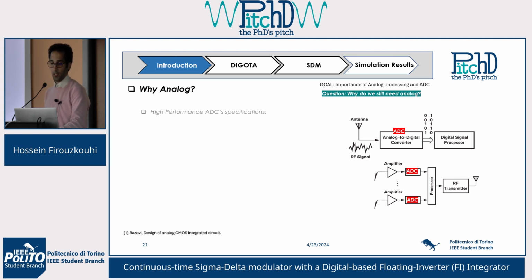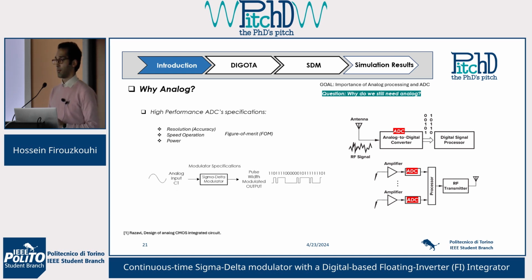For example, in the power amplifier in the transmitter, and also the digital signal processors, the analog signals need to be converted into digital. In this case, the demand for high performance ADCs increases, and here are the three ingredients of every ADC: resolution, speed of operation, and power, which are summarized in one parameter, the figure of merit, which analyzes the performance of the ADC.